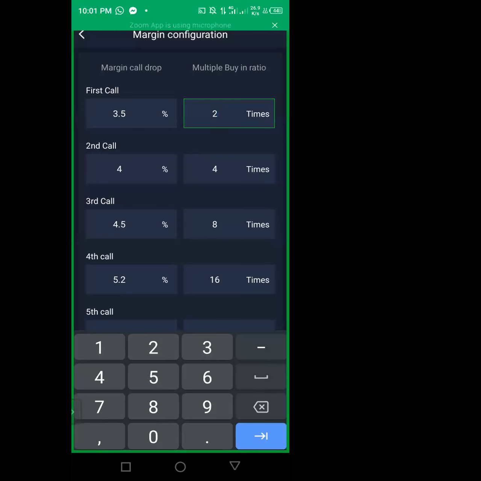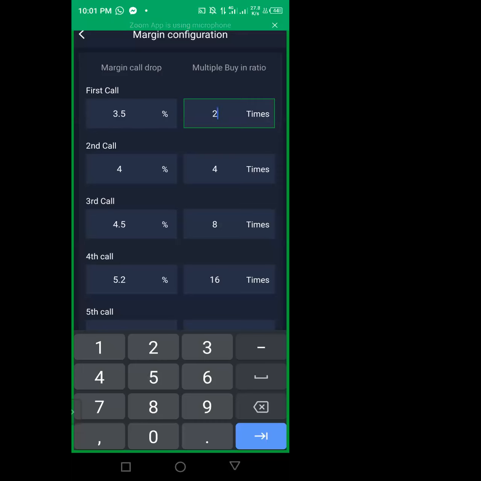The multiple buy-in ratio is what the robot will use to multiply your first buy amount to get the amount of USDT it will use in your Binance, your cryptocurrency exchange, to buy the margin when it drops to this first buy.